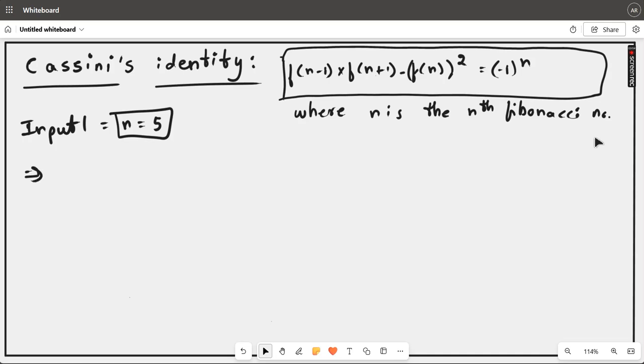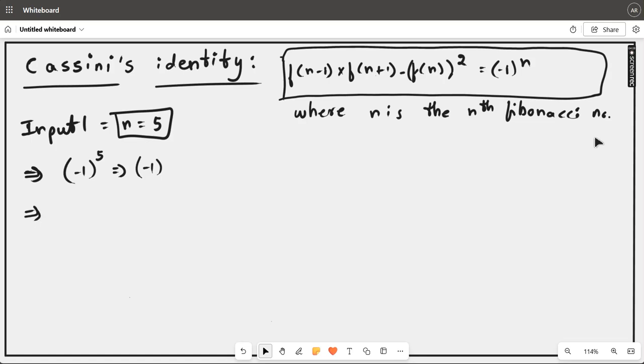Using this formula, the whole expression simply comes to minus 1 whole to the power of n, which is 5. We know minus 1 to the power of an odd number is minus 1, and for any even power it comes to 1. So 5 is an odd number, so the output is minus 1.